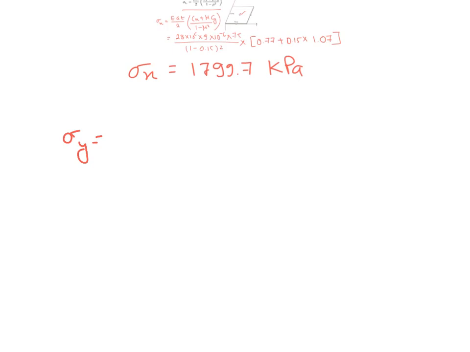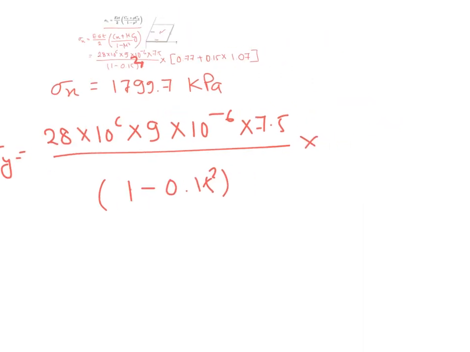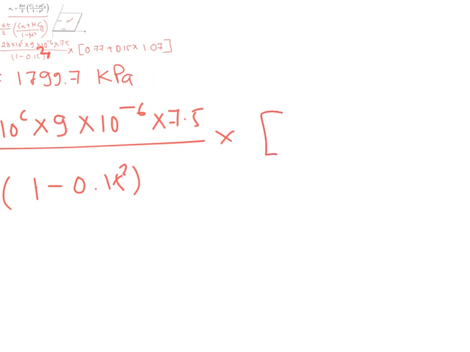In case of sigma y, you have to put Cy as Cx and Cx as Cy, so the formula will remain the same. 28 into 10 to the power 6 multiplied by 9 into 10 to the power minus 6 by 7.5 upon 1 minus 0.15. Sorry, here this square will be on 0.15, multiplied by, here the change will occur.